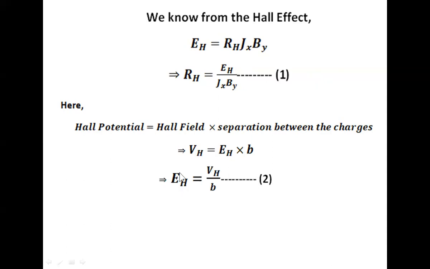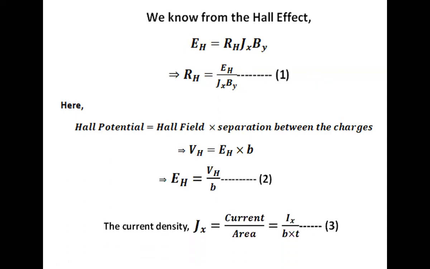So we can actually calculate the value of Hall electric field from the measured values of Hall potential and breadth of the semiconductor block. On the other hand, we can also calculate the value of current density by measuring the current flowing through the block and the area through which the current is flowing.